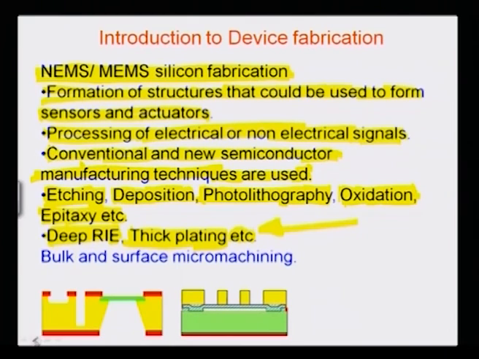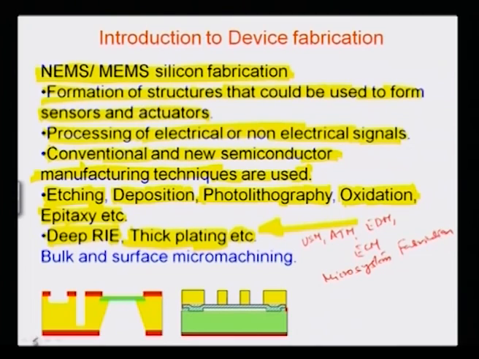Apart from that, of course, there are these non-traditional processes like USM, AJM, EDM and ECM, which have been very recently incorporated for doing activity in fabrication of the microsystem or micro manufactured components or devices.